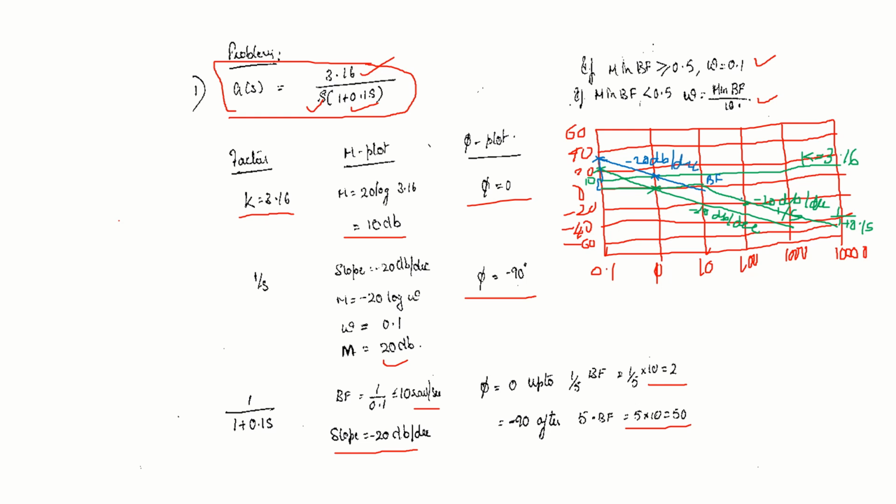At this point, this line is added to this. This slope is minus 20. This minus 20 will become minus 40 dB per decade. Join these 2 points and produce. On this you write minus 40 dB per decade. And this becomes your resultant plot.